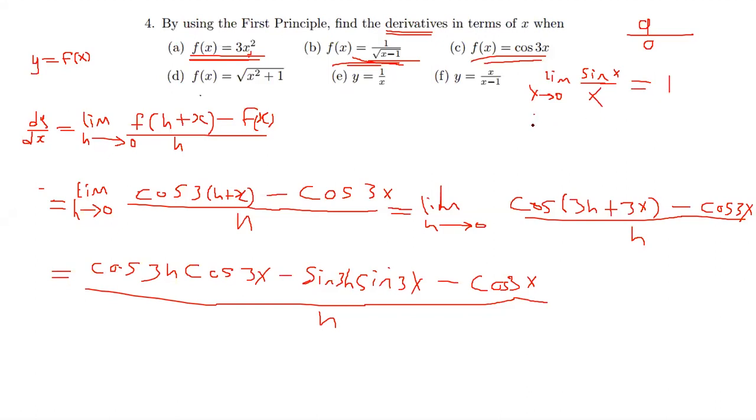And then you also have the limit of cos x minus 1 over x. This one is equal to 0 when x approaches 0. So these are special limits. You can master them.